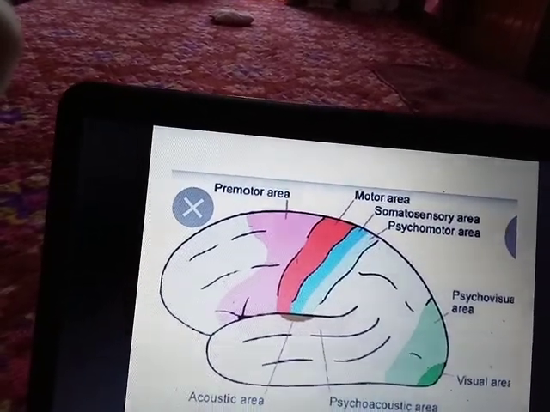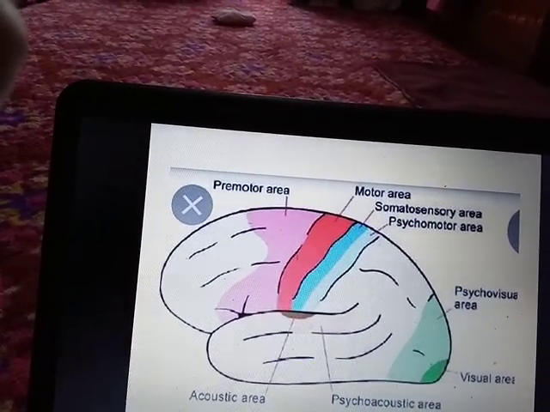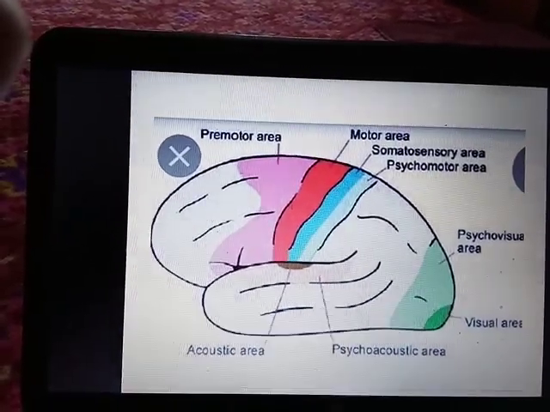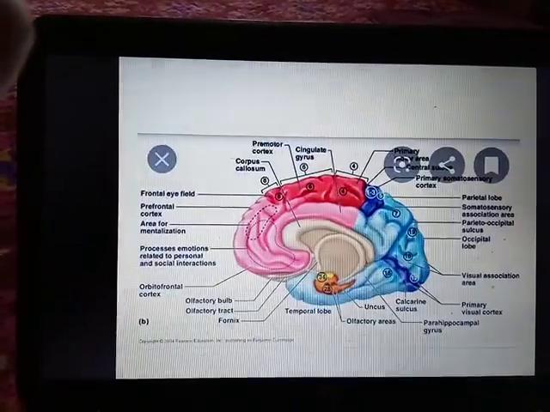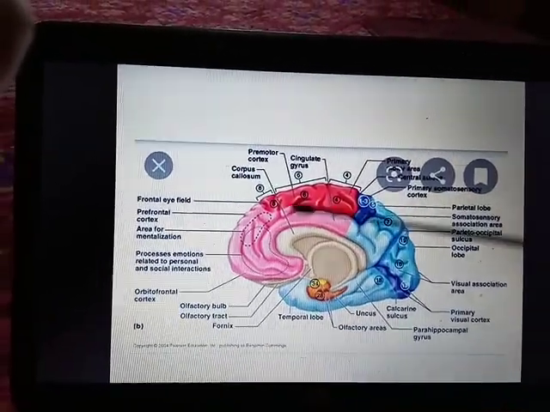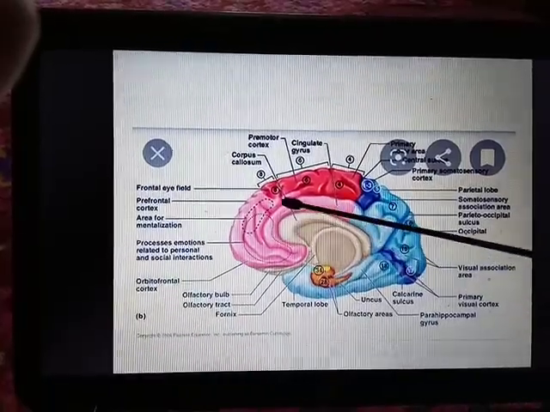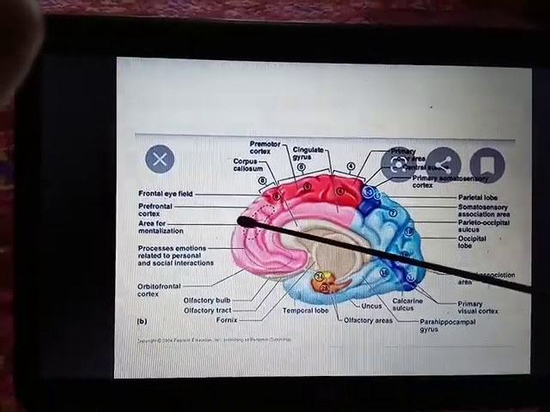Then you have the prefrontal area. That prefrontal area we will see in the next pic. Can you see it in the picture?